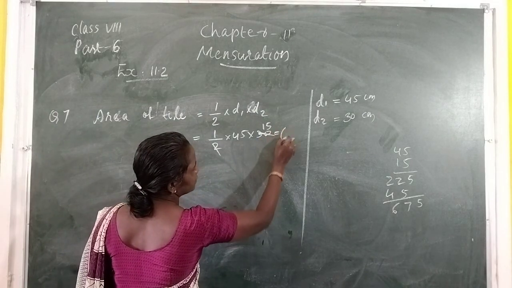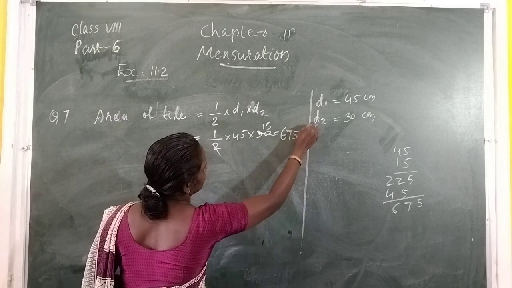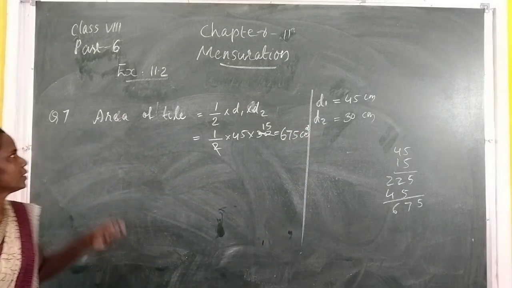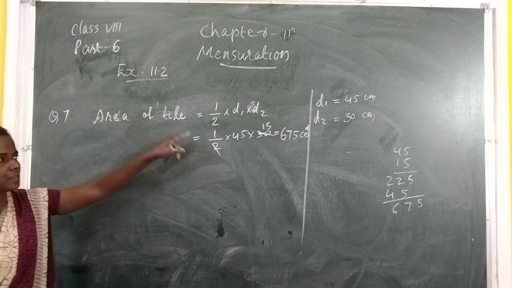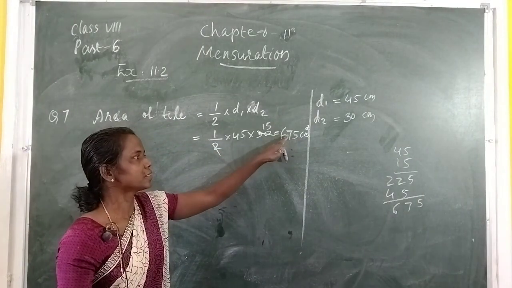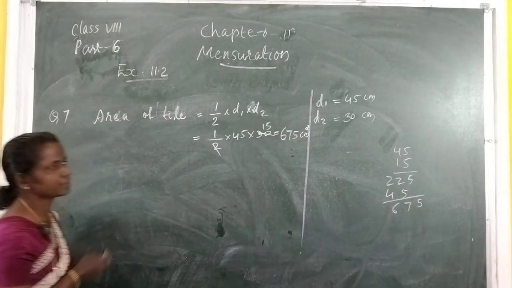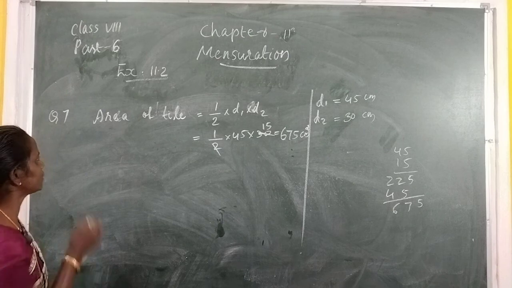Here we can write 675 centimeter square. So the area of one tile is 675 centimeter square.